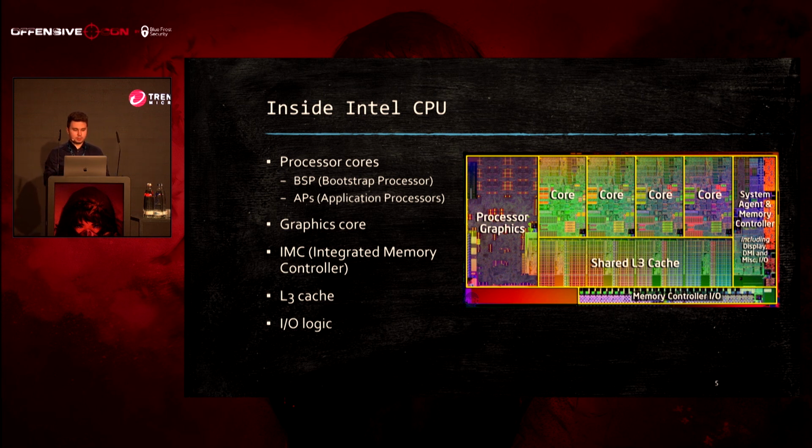The other cores, called application processors, are started by the bootstrap processor when ready and needed. An optional graphics core is another component. The other one is the integrated memory controller and the level 3 cache. This is very important for us today. It is shared between the cores and some other input-output logic.